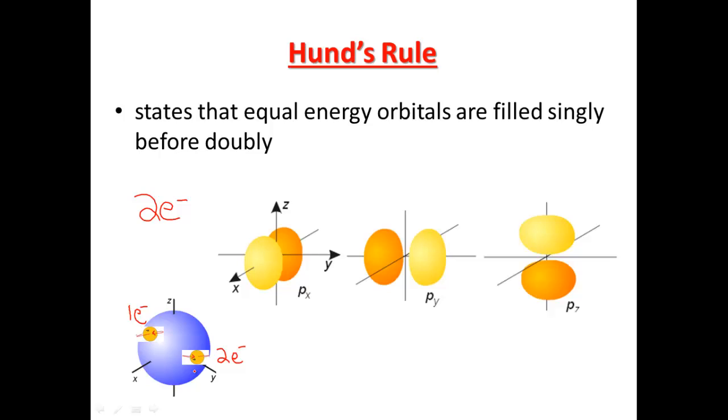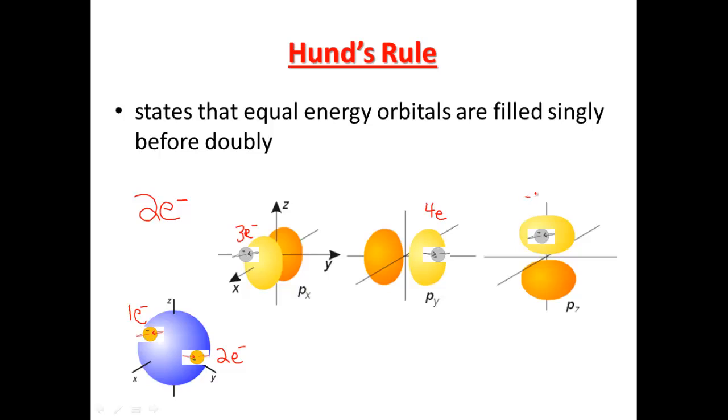At that point, they need to start entering into the next orbital, our p orbital. They need to enter in singly. So if you have one more electron, the third electron would enter singly, and singly would be our next set of electrons.